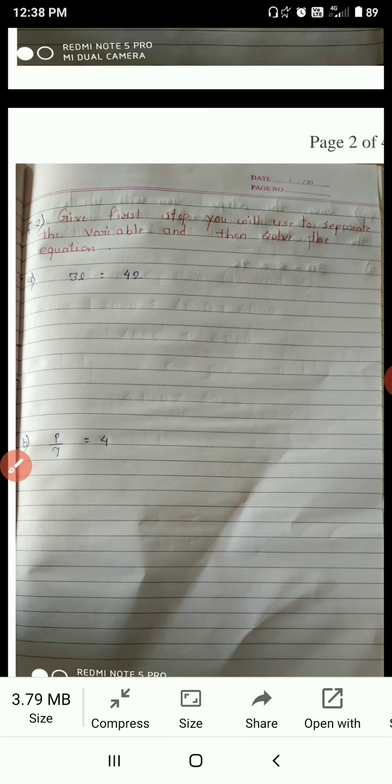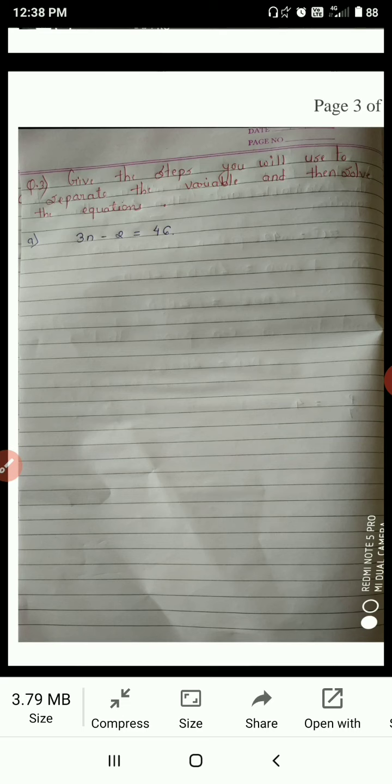Question number 3. Give the steps you will use to separate the variable and then solve the equation. Now here you can see that there is a number with a variable, one number, and another number with a minus sign. Minus 2 is again with a variable.